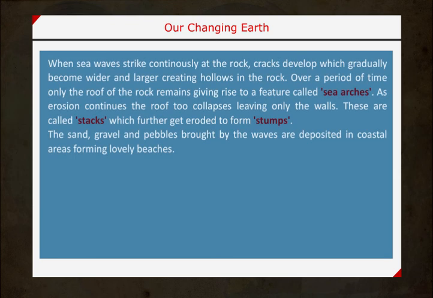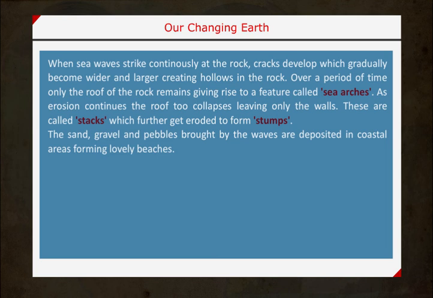When sea waves strike continuously at the rock, cracks develop which gradually become wider and larger, creating hollows in the rock. Over a period of time, only the roof of the rock remains, giving rise to a feature called sea arcs.